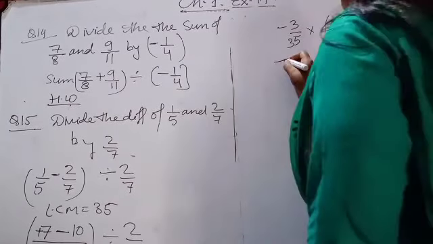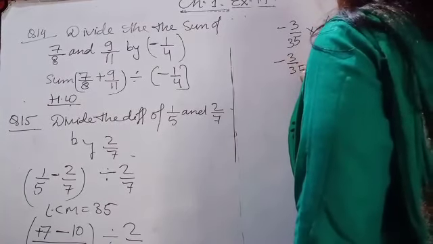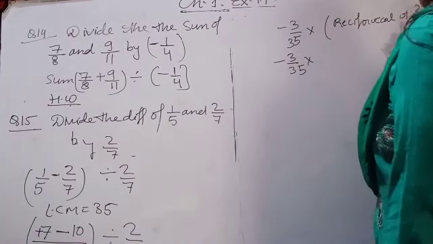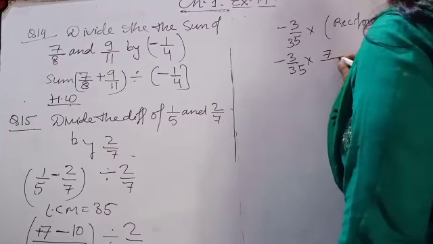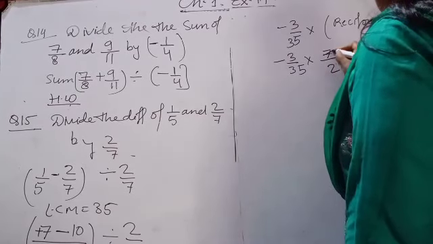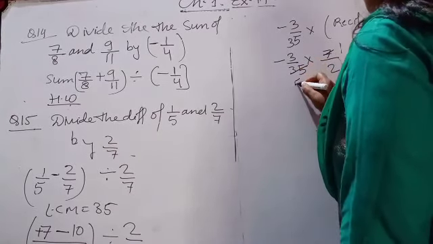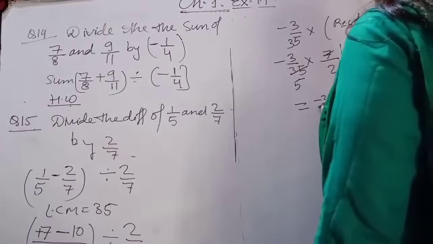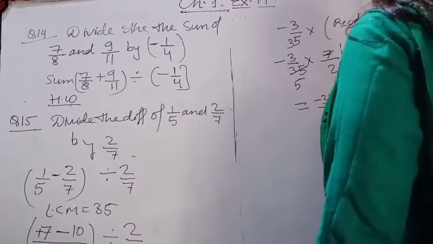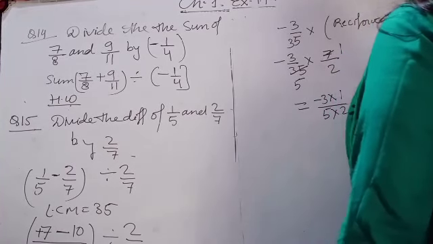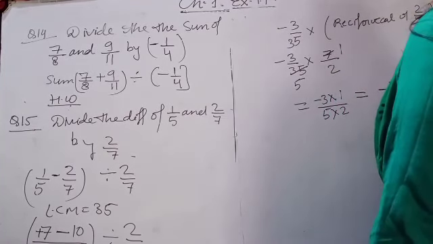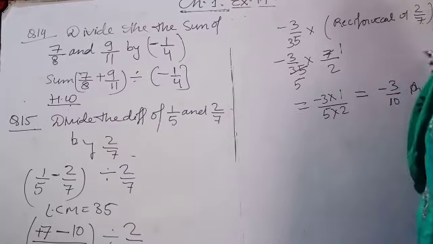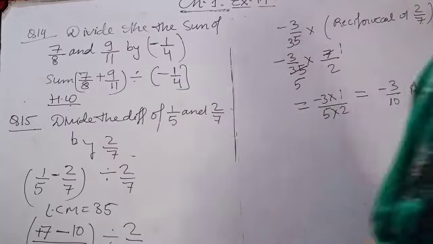So minus 3 upon 35 into the reciprocal of this one, which is 7 upon 2. 7 1s are 7, 7 5s are 35. What will it become? Minus 3 into 1 upon, in the denominator, 5 into 2. 3 1s are 3, minus 3, 5 2s are 10. This will be your answer. In the same way you will complete the rest.